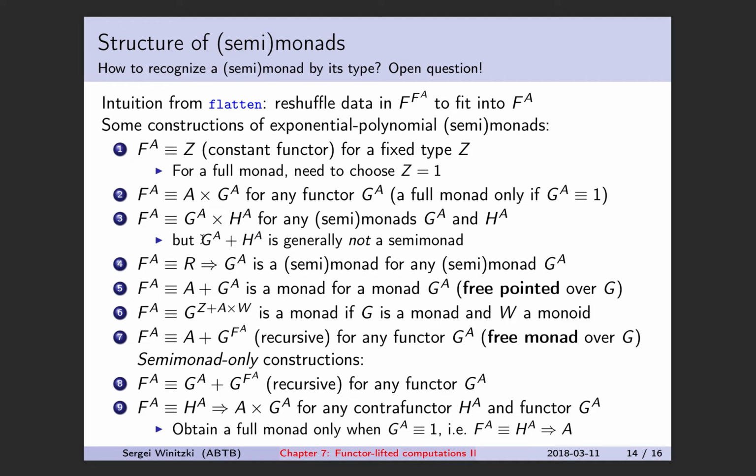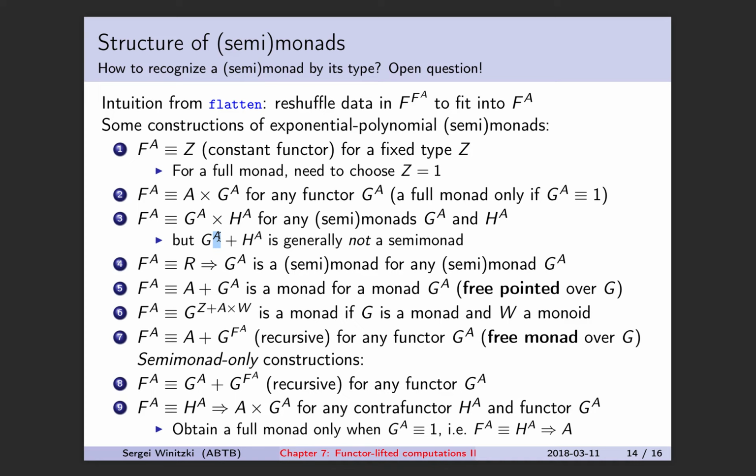Because if you want to implement flatten for this, then you would have to combine G of G plus H of G plus H into G plus H. But G of G plus H could just be G of H all the way. So there could be no G of G in it, because it's a disjunction. So it could be either one or the other. So G of G plus H is possible to be just of type G of 0 plus H, in other words, G of H. And you cannot flatten that in general.